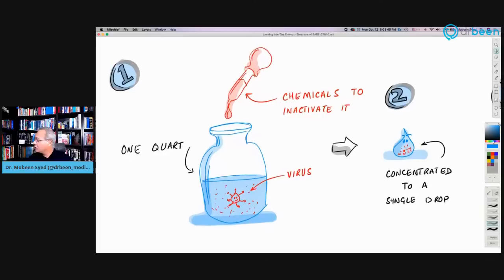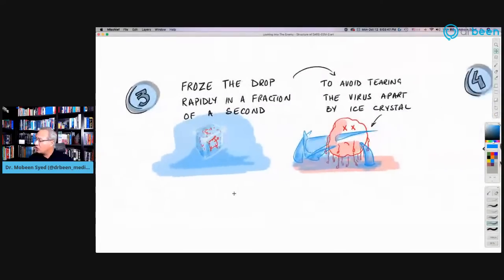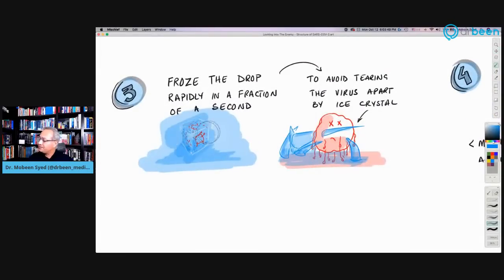And then they take that 1 drop and they freeze it. They have to rapidly freeze it. That freeze has to be occurring within part of a second. This is like flash freezing, which is done on food as well. It is a more sophisticated version of that.